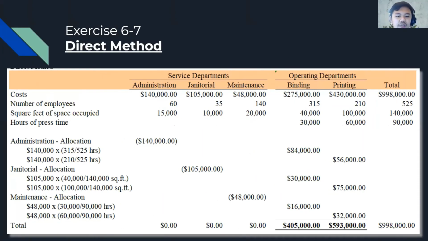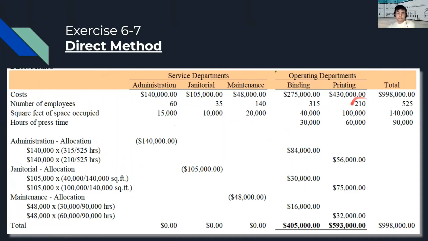Here you can see the difference, where only the operating departments' allocation bases would be used. For the administration, based on the number of employees, the total number of hours would only be 525, which is 315 hours of the binding department plus the printing of 210.